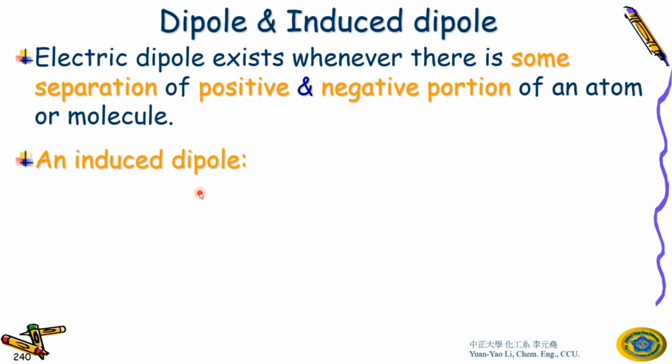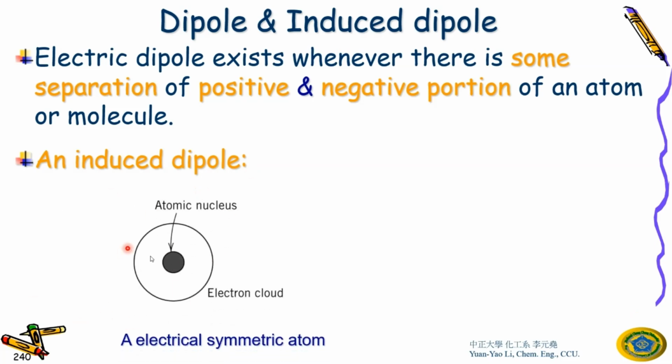An induced dipole, what is it? For example, this is an atom. As we know from the atomic model, there is a nucleus inside and electron orbitals surrounding it, so it's an electrically symmetric atom.